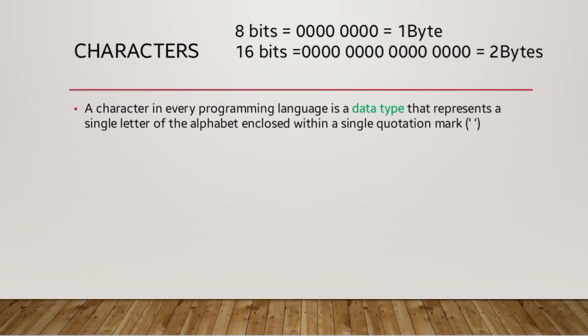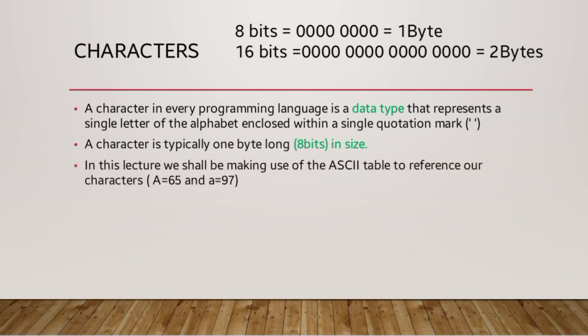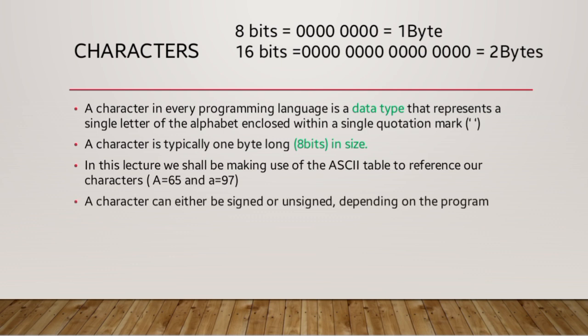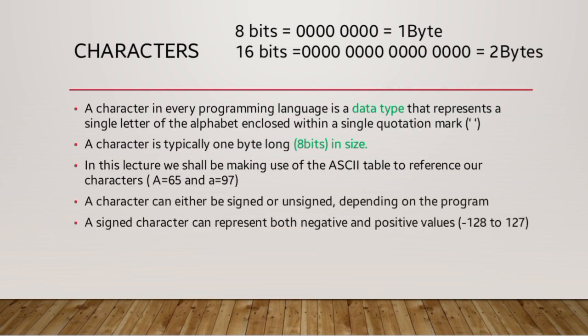So, let's talk about characters. A character in every programming language we say is a data type. I emphasize the data type that represents a single letter of the alphabet enclosed within a single quotation mark.